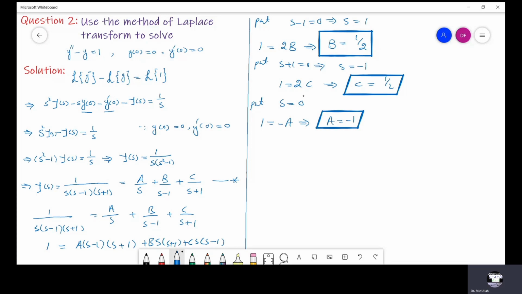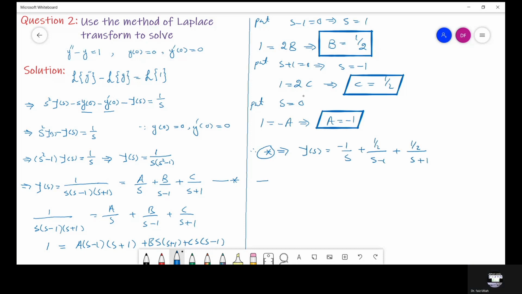And therefore, now we can write star. Star becomes Y of s is equal to a, a is minus 1 over s, plus b, b is 1 over 2, over s minus 1, plus c, c is 1 over 2, over s plus 1.